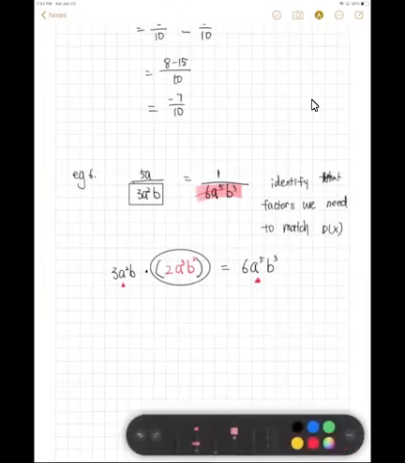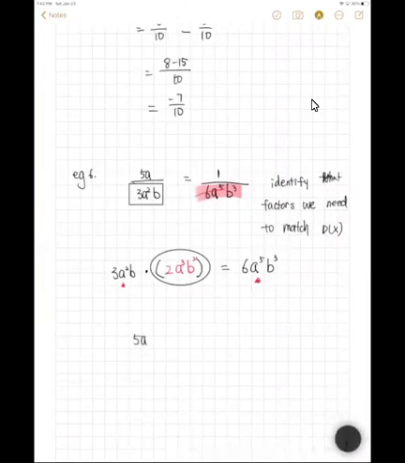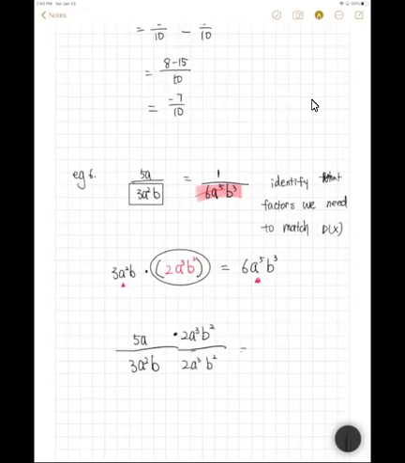So that we have what? 5a over 3a squared b, we want to times 2a cubed b squared over 2a cubed b squared. In the bottom, we have 6a to the 5th b cubed. The top, we have 10a to the 4th and b squared.